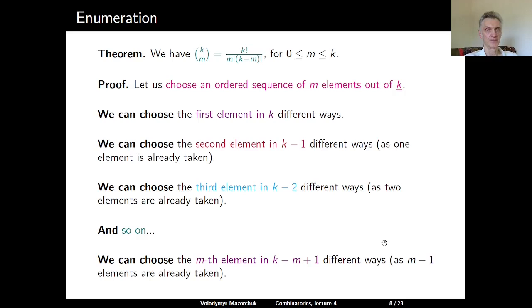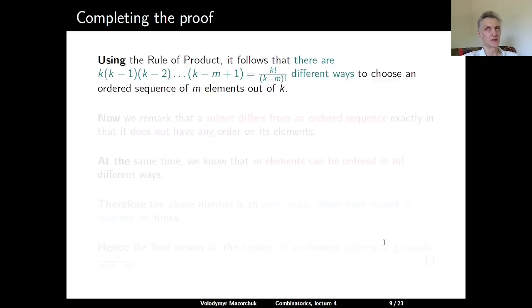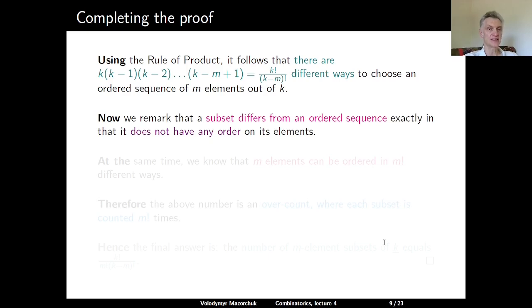So using the rule of product, since all this is independent, it follows that we can choose an ordered sequence of length m of different elements from k underlined in k times (k minus 1) times (k minus 2) times and so on times (k minus m plus 1), which is equal to k factorial divided by (k minus m) factorial different ways. Now we remark that subsets differ from ordered sequences exactly in that subsets do not have any order on the elements of the subset.